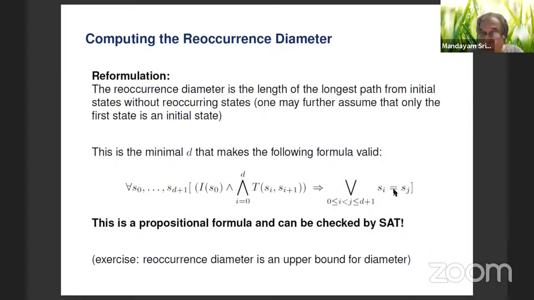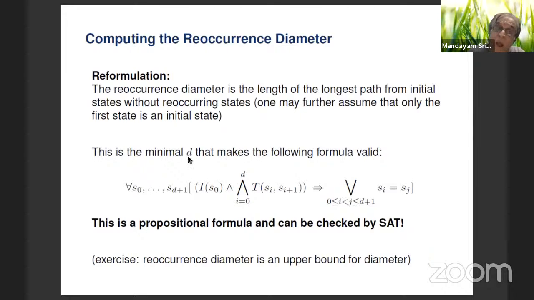This OR is a pairwise disjunction of every state that appears on that path. So the minimal D where this becomes valid, or the negation of this is unsat. Okay, so you see this is simpler than the other one because there was a nested quantifier there.